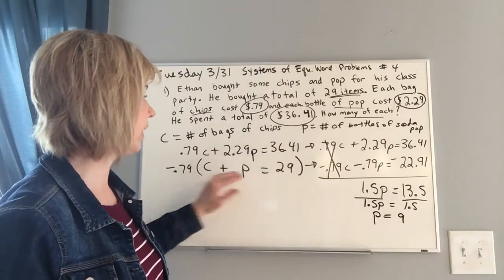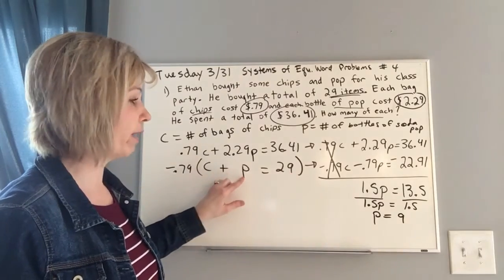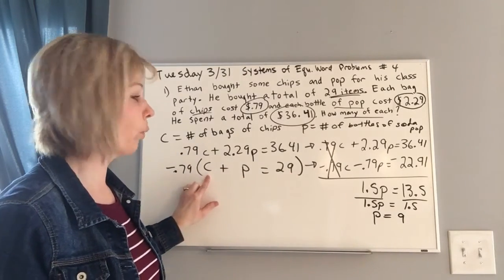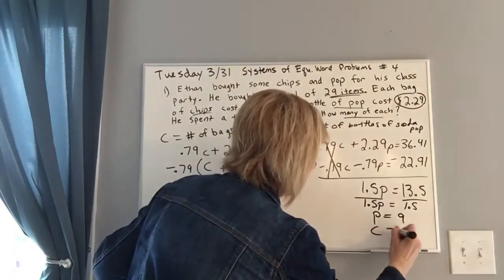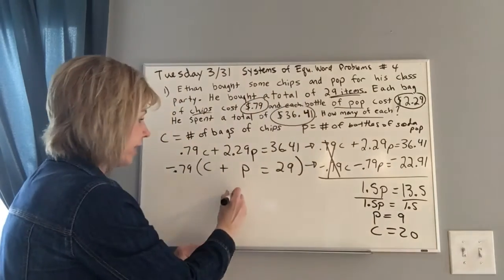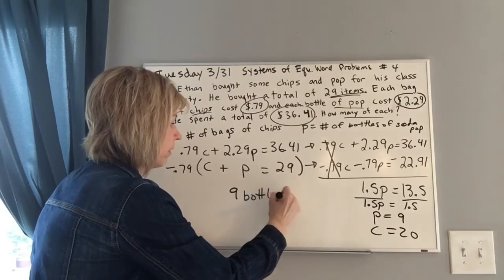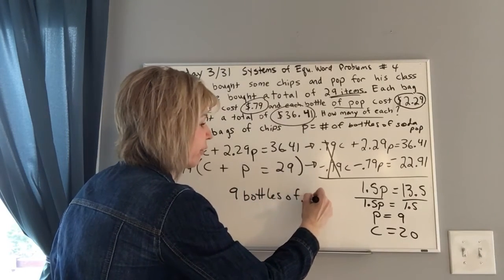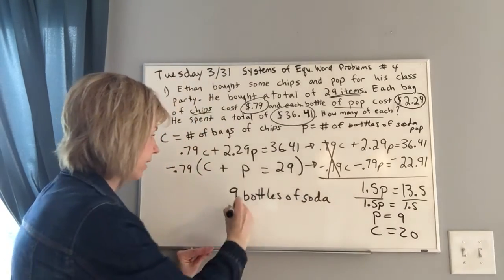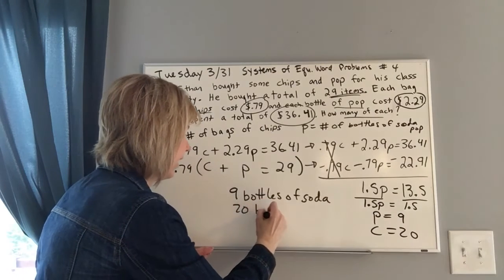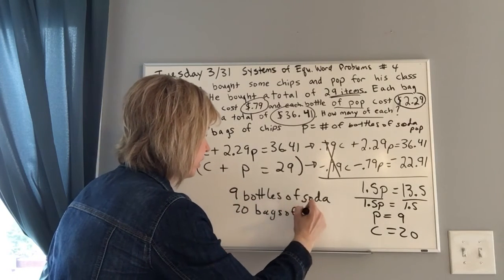And there's 29 items total. So if 9 of them were soda pop, 20 needs to be chips. So C equals 20. So let's write out an answer: 9 bottles of soda, I'll put soda here because that's us Vermonters, and 20 bags of chips.